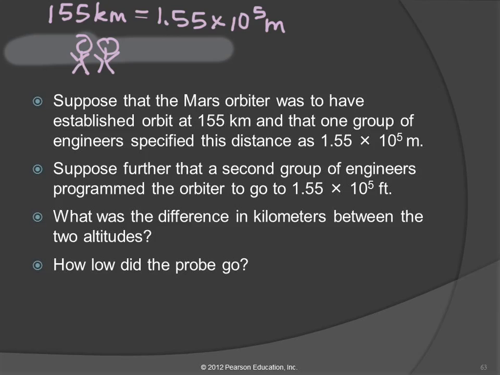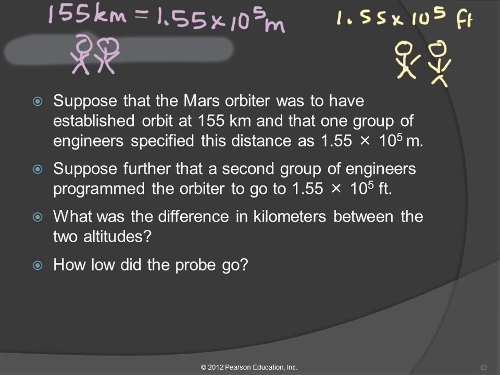And that is true. That's not an error in the calculation or anything. And then these guys over here, maybe we'll make these the yellow guys. These guys over here saw 1.55 times 10 to the 5th, didn't pay attention to the units, and just kind of assumed it was feet. And so we need to find the difference between these.